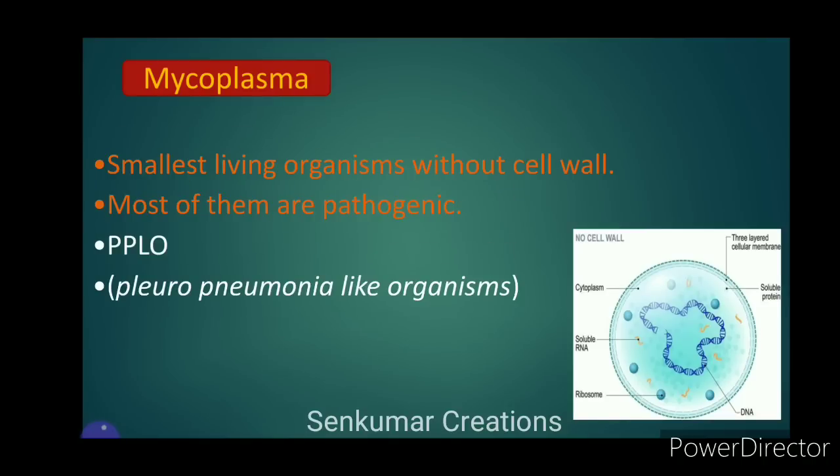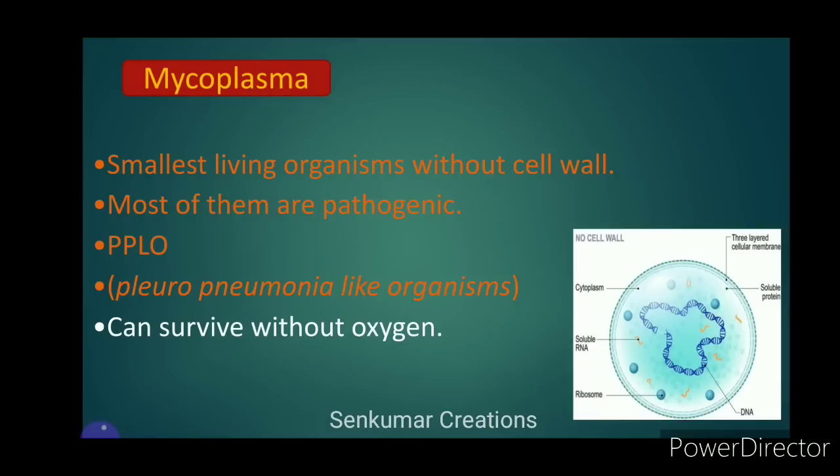PPLO means pleuropneumonia-like organisms, and it can survive without oxygen. The bacteria can be classified into two groups according to the use of oxygen: one is aerobic and another one is anaerobic.